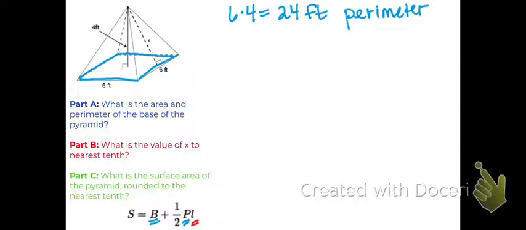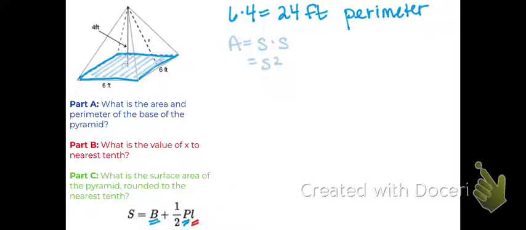How do we find the area of that base? Well, I know the area of a rectangle is length times width. And notice the length and the width in a square are the same. So often instead of length times width for a square, they'll just say the area is side times side because it's the same number. Or they might say side squared.